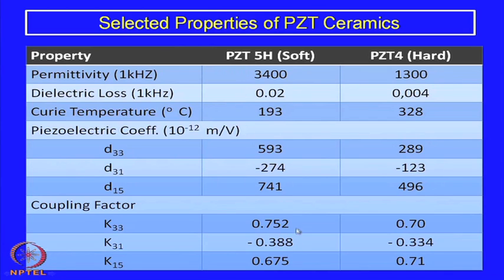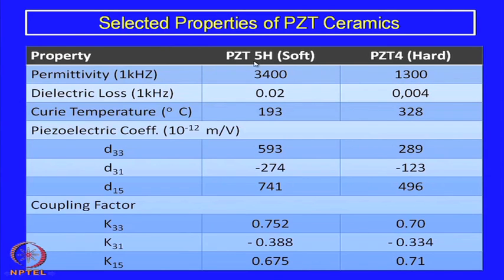Industrial standards have been prepared for PZT material, and they have been designated by some numbers. For example, PZT 5H is called soft PZT or soft piezoelectric material, whereas PZT 4, another industrial standard material, is called hard piezoelectric material.